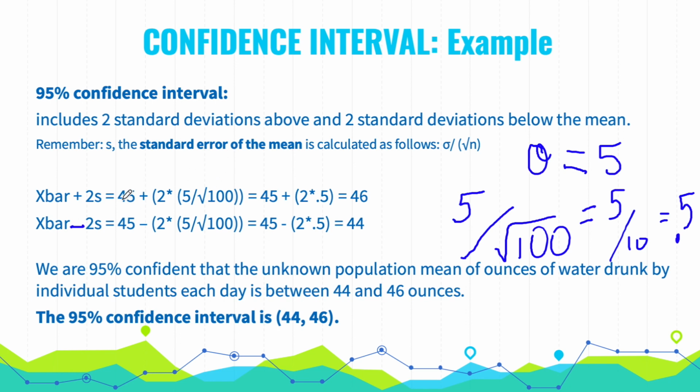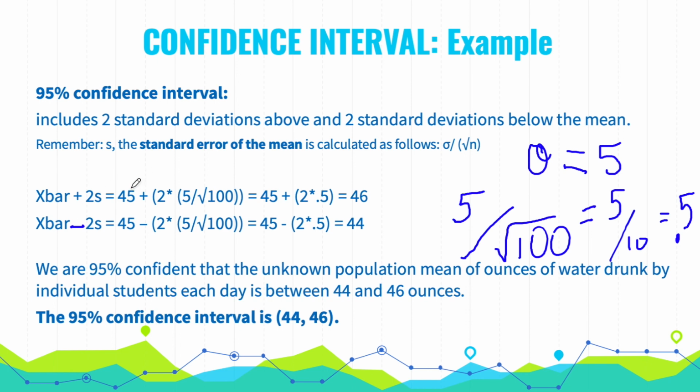Then what we do is we calculate this very simple plus or minus logic. You've probably heard in news reporting, in statistical poll reporting, that we usually give a value and we say plus or minus a value. So for example, the average weight was 100 pounds plus or minus 5 pounds. So we take our mean x bar, and first we're going to add 2 standard deviations, and we're going to make sure to use s, the standard error of the mean.